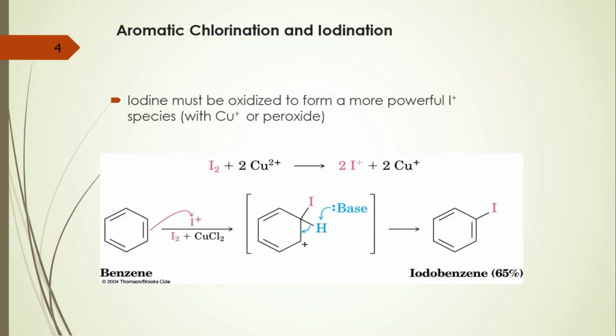But what about fluorine? Fluorine is a small molecule, and this F-F bond is very much a strong bond, and the interatomic distance is very small, so it will be very difficult for anything to polarize this bond.